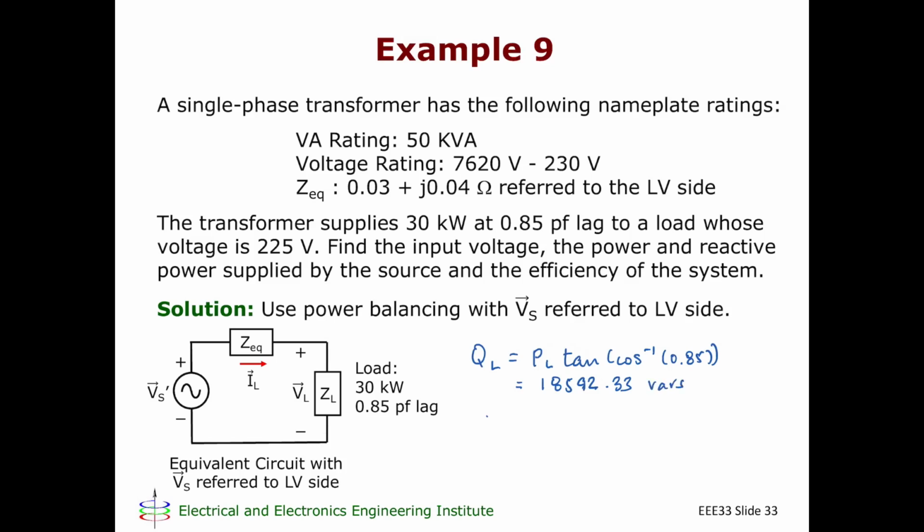And we also know that S_L, this is the apparent power that is absorbed by the load. This is P_L over the power factor of the load. So P_L is 30,000 watts divided by 0.85. I'm going to get 35294.12 volt-amperes.